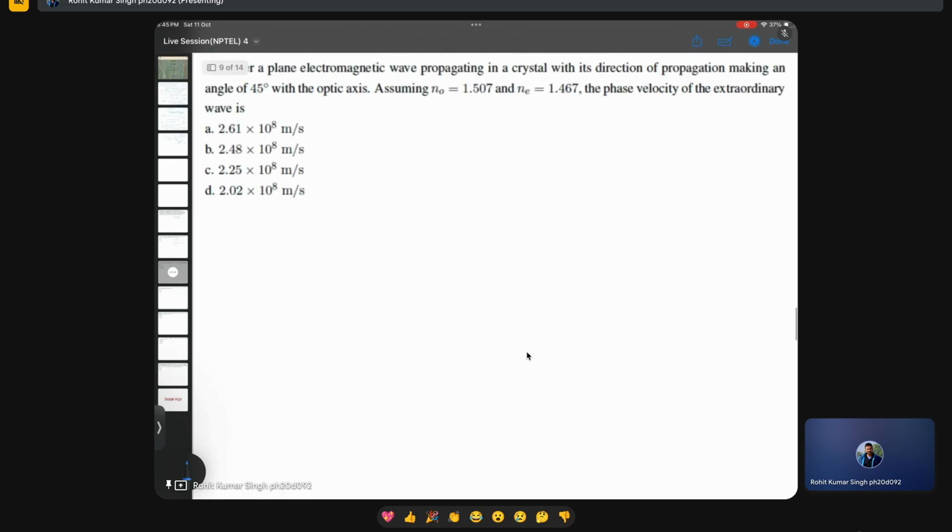Next one. Consider a plane electromagnetic wave propagating in a crystal with its direction of propagation making an angle of 45 degrees with the optic axis. Assuming NO and NE as given, the phase velocity of the extraordinary wave.